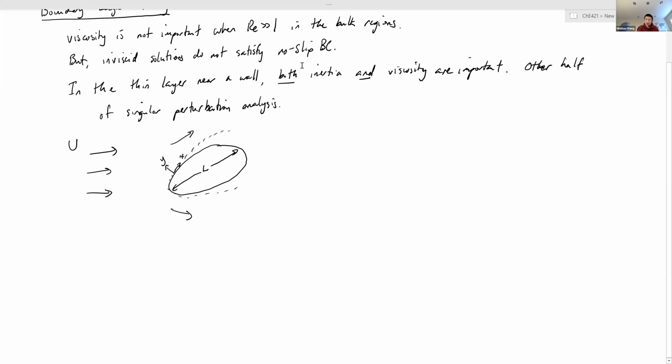And so I'll just say our flow in the boundary layer must match u of x, which is from the inviscid solution.